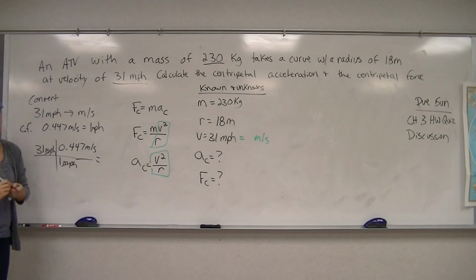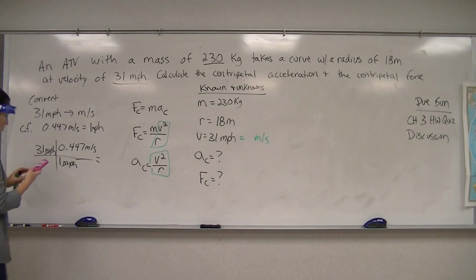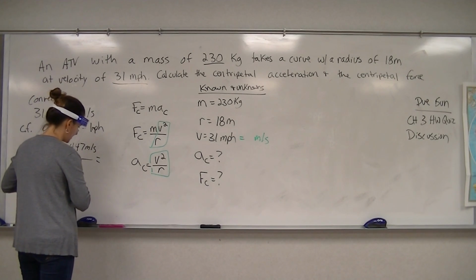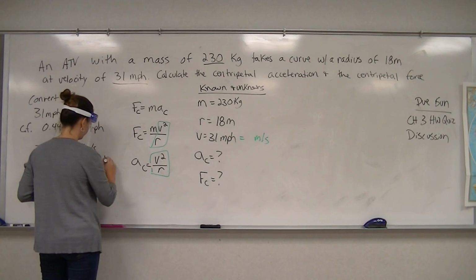What does that get me? 31 times 0.447. Since this isn't my final answer, we're not worried about sig figs. This isn't an answer I'm reporting. So I'm just going to keep all the digits that my calculator gives me. And it says 13.857.